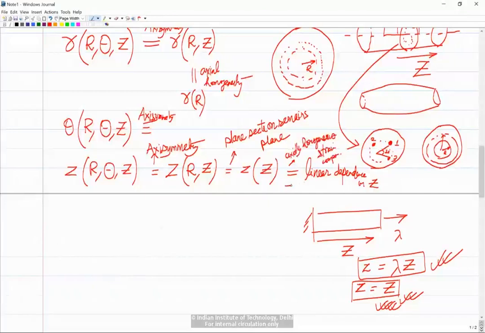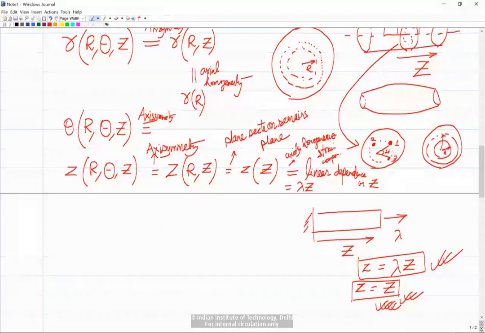So this also means we can finally say it is some lambda times big Z. So small z is completely known to us up to this parameter lambda. The function small z is completely known to us up to this parameter lambda. Okay. The function small r is not known to us. All that we know is that it's a function of big R, but what kind of function, that is not known to us.